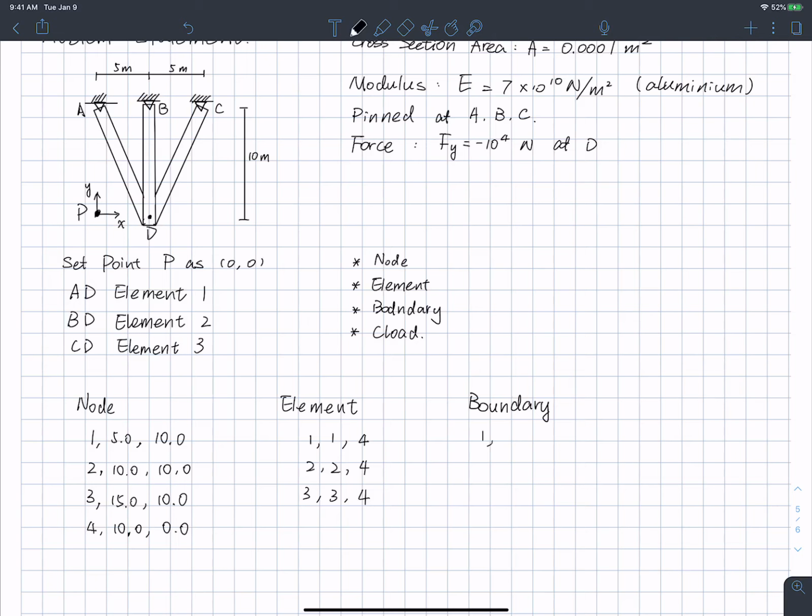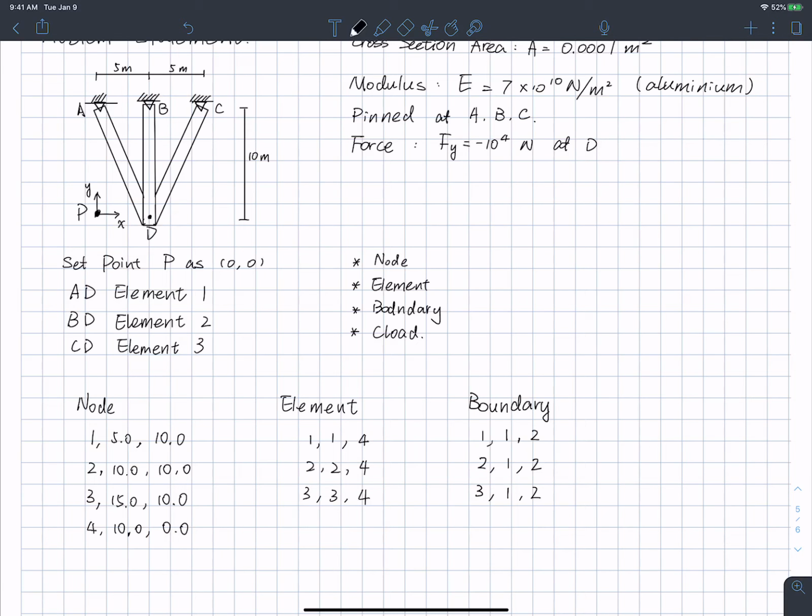Because A is pinned, that means A cannot move in x direction, so it's first degree of freedom. However, A is also fixed in y direction. So that also means it should be 1, 1, 2. Again, B is the same. So the second node is going to be fixed from x to y. The third node is going to be fixed from x to y.